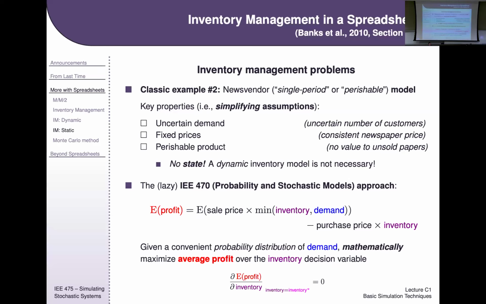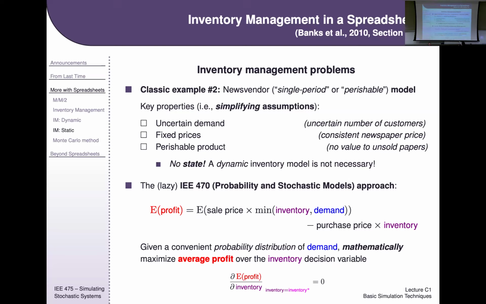Now, the beauty of all this is that if you know these distributions, it becomes tractable. Say the inventory is a static number, since this is our decision variable, and the demand is a bell curve. We know it's a normal distribution centered around 5 with a standard deviation of 2.